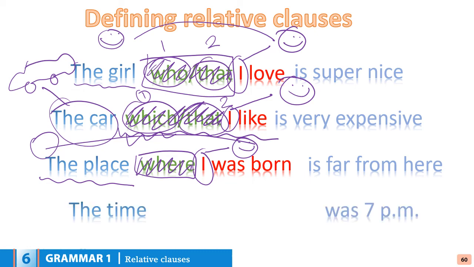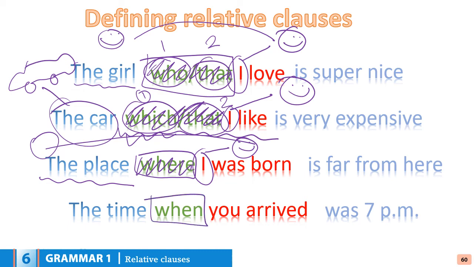And what about time? The time was 7 p.m. Yeah? What time are you talking about? I'm talking about when you arrived. So let's see. Here you've got when, the relative pronoun, and can we remove it? Yes or no? Yes, of course you can do it. Why?